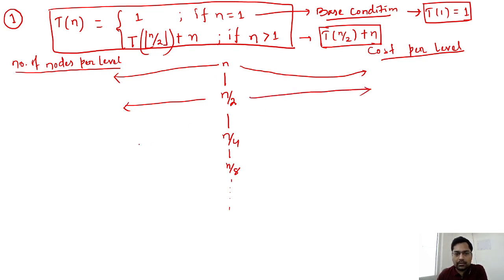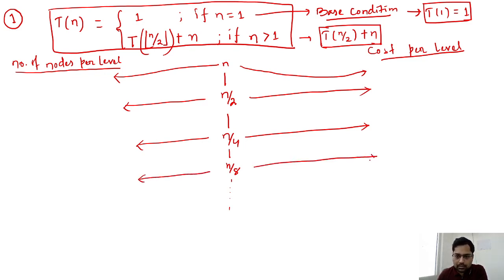Cost per each level that you are going to mention. But how many times are we running? k times we are running. If you are running for k times, what should we write there?